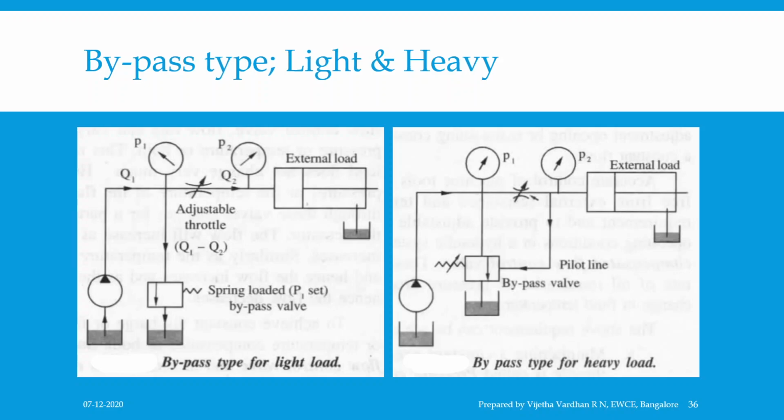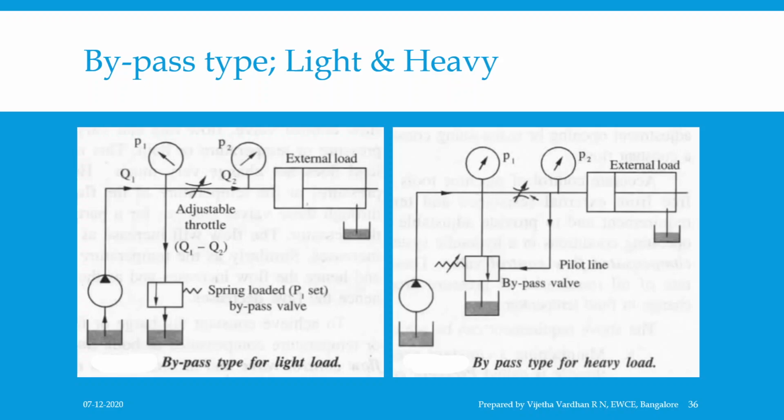The figure on the left hand side shows a hydraulic circuit with an adjustable throttle and a spring loaded bypass valve. Since the spring of the bypass valve is light, the valve will start cracking, that is, opening, when the pressure at the inlet reaches the set pressure P1. This system will not move a very heavy load.